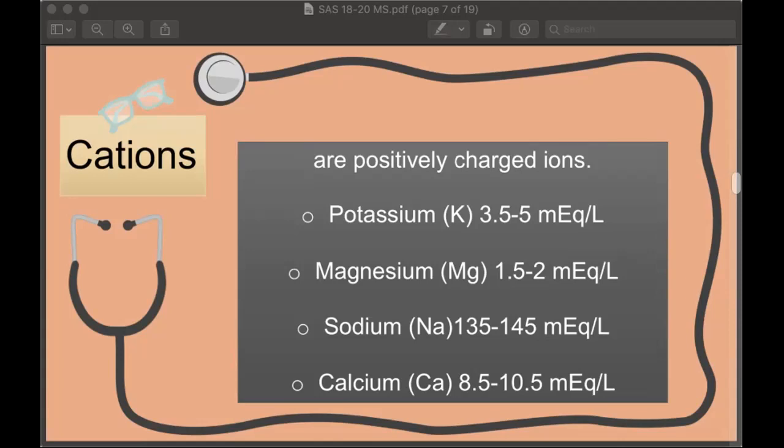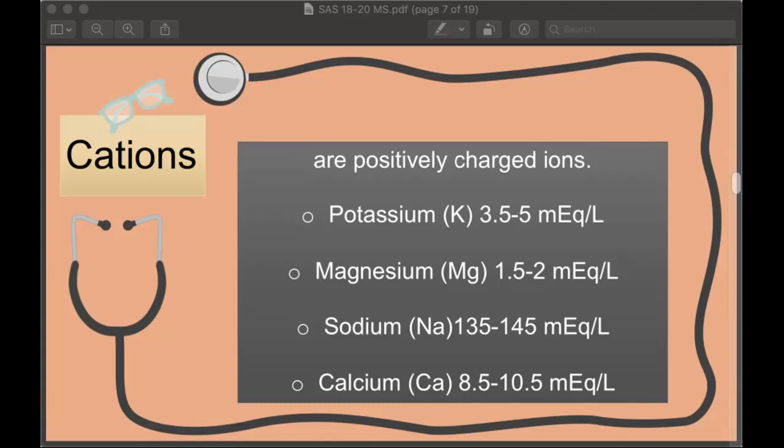Next, we have your magnesium. Magnesium is 1.5 to 2 mEq per liter, and it is the leading ICF cation. It contributes to many enzymatic and metabolic processes, especially protein synthesis. And we all know that it modifies nerve impulse transmission as well as the skeletal muscle response. Clear? Lastly, it maintains cell membrane stability. That's about your magnesium. Now let's go to your sodium.